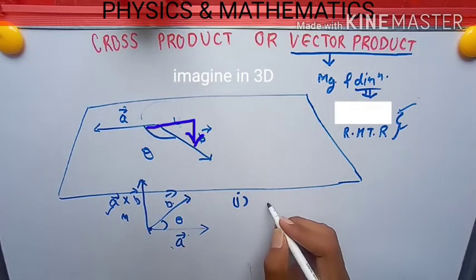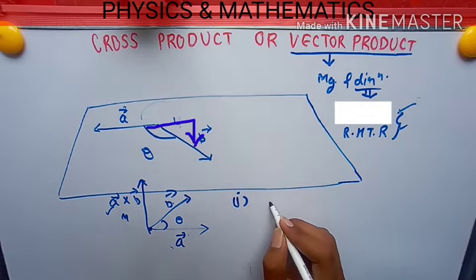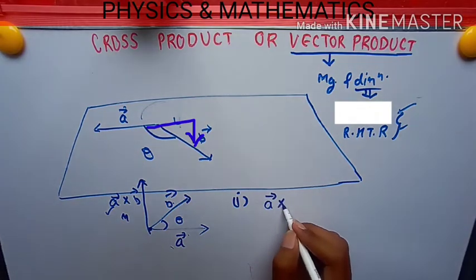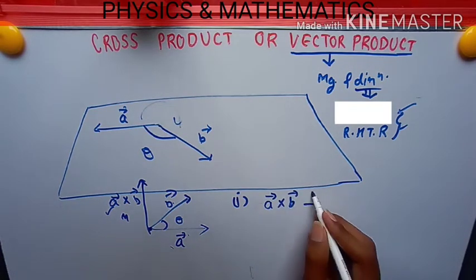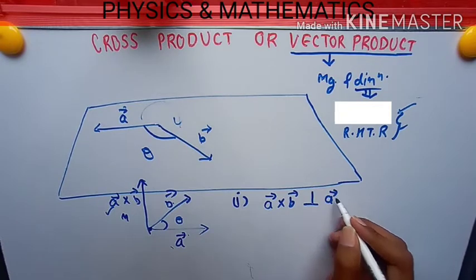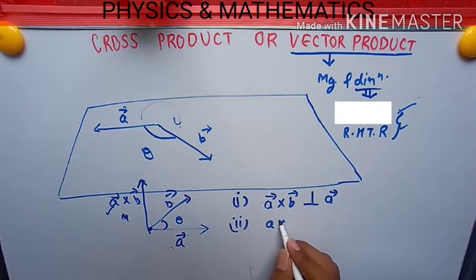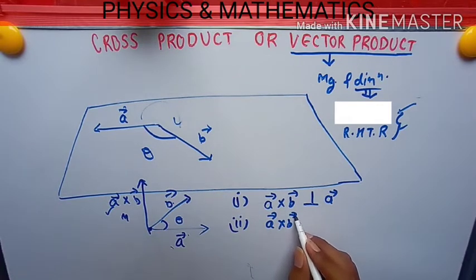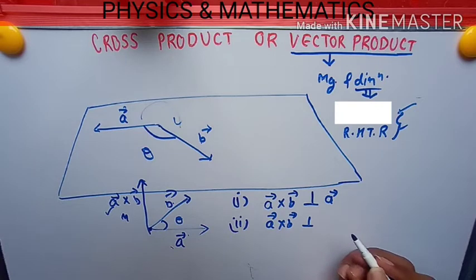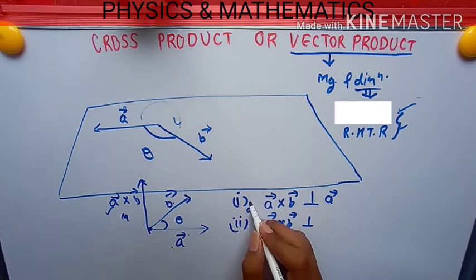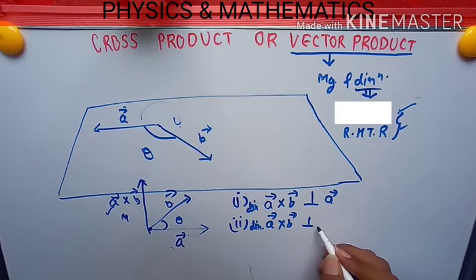So you will write it as: A cross B is perpendicular to A vector, and the direction of A cross B is perpendicular to B vector.